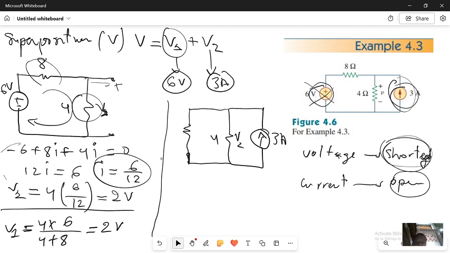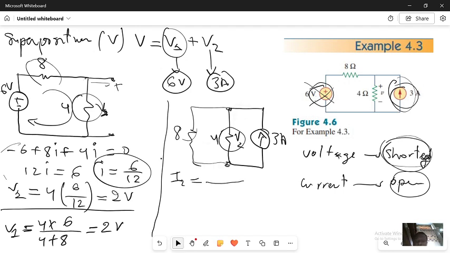Now I want to determine V2. Someone can use different methods. If we see, this 8 and this 4 are in parallel. If they are in parallel, I can use current division because I have a current source. So let me use current division. I2 equals, how to determine current division?